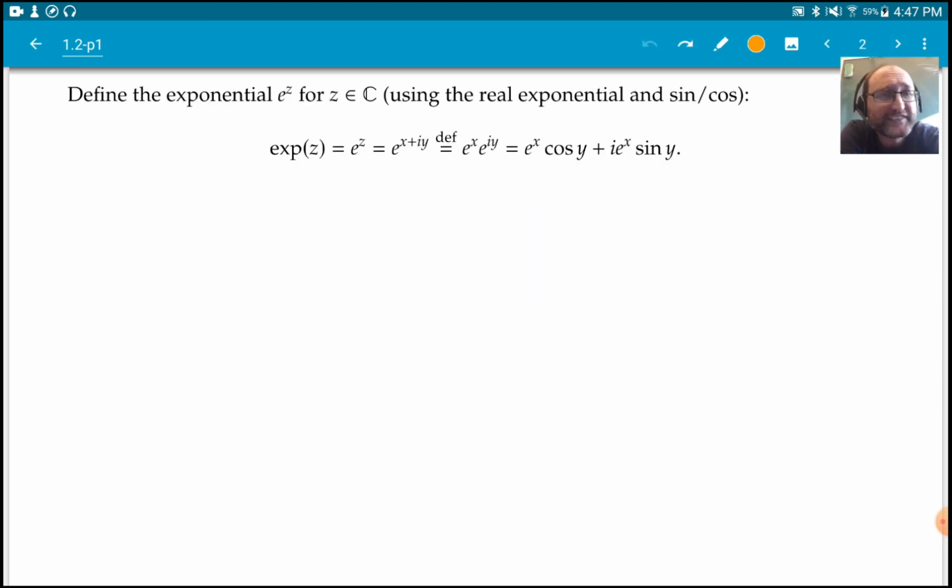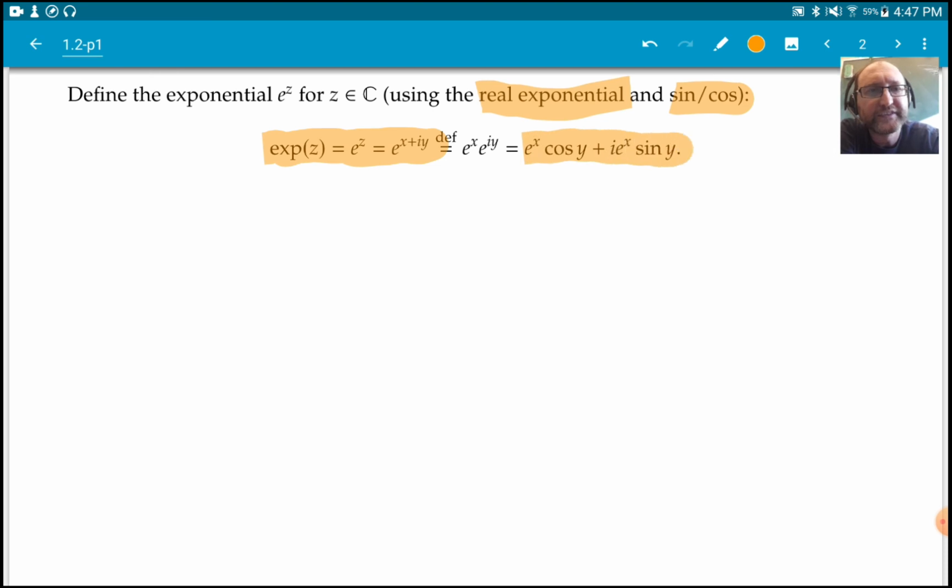All right, so let's define the complex exponential, so e to the z for a complex number z, and we're going to use the real exponential, so the exponential for the real numbers, and the real versions of sines and cosines, right? And so the way that we define the exponential, if z is x plus iy, we're going to define it using this expression over here, right?